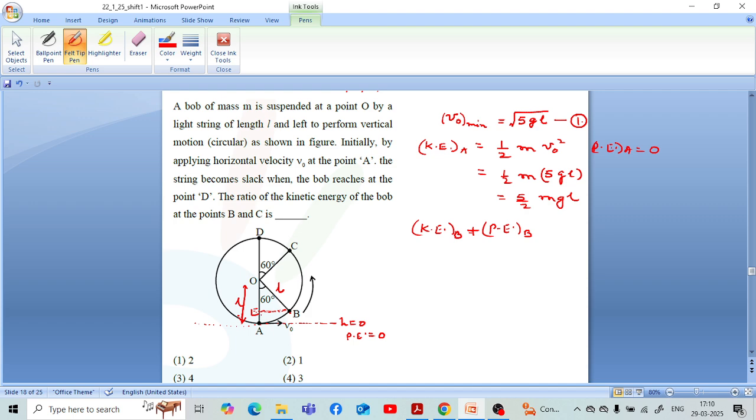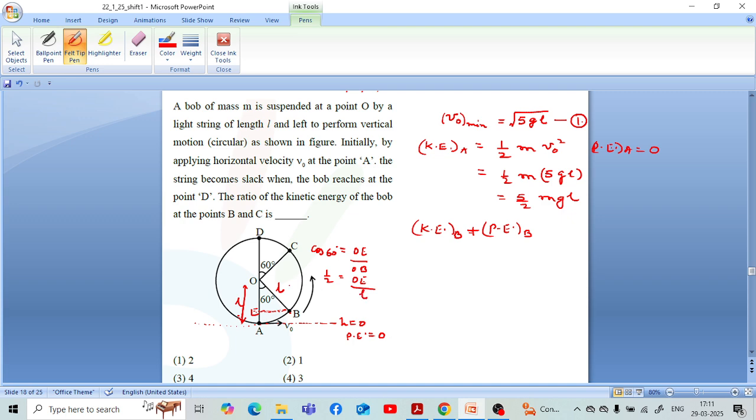First of all, from this triangle, OE is the base and OB is the hypotenuse. Base and hypotenuse are related by cos. So cos of 60 is equal to OE upon OB, and cos of 60 is 1 by 2. So 1 by 2 is equal to OE upon OB.